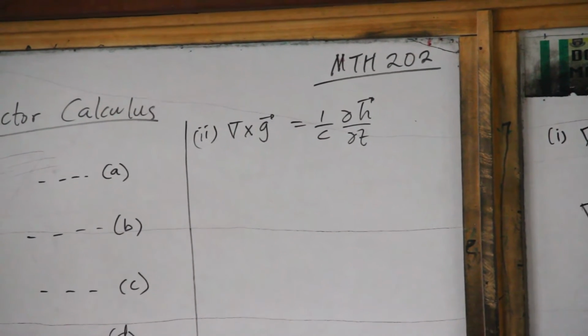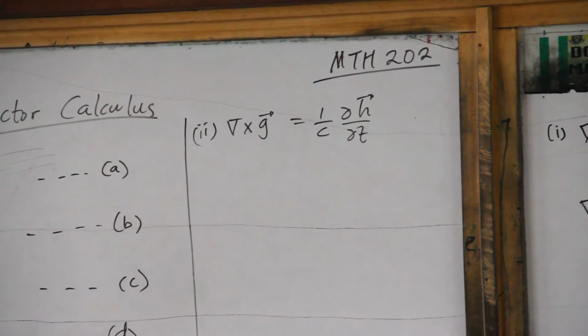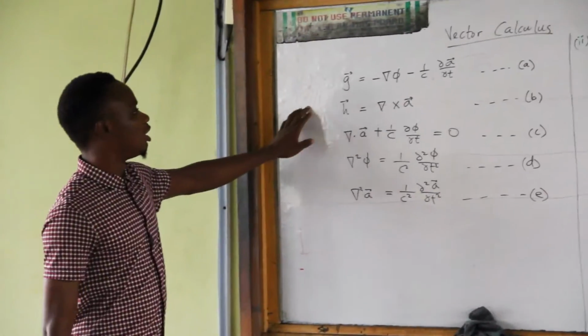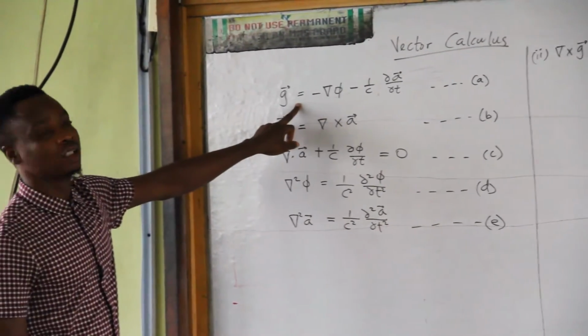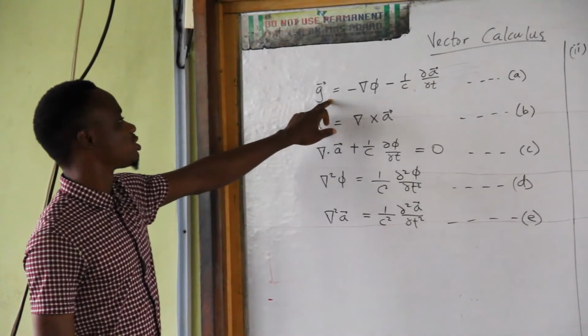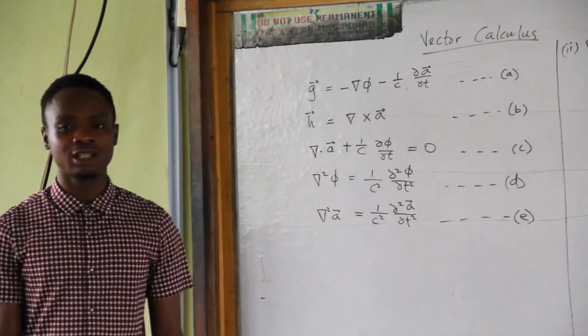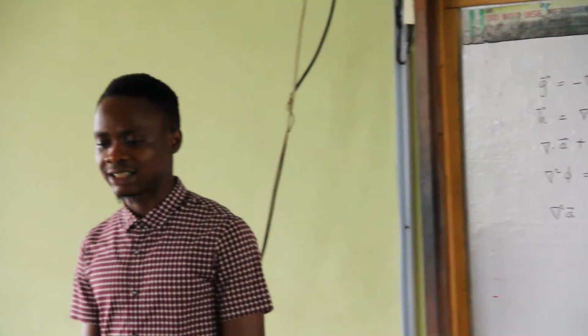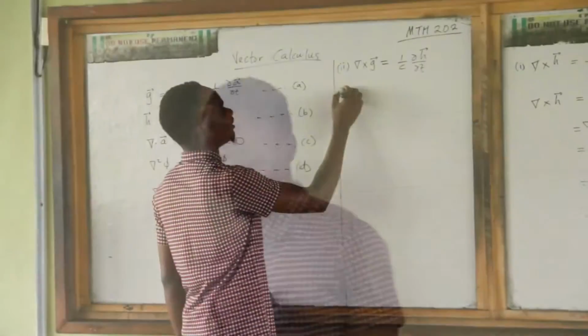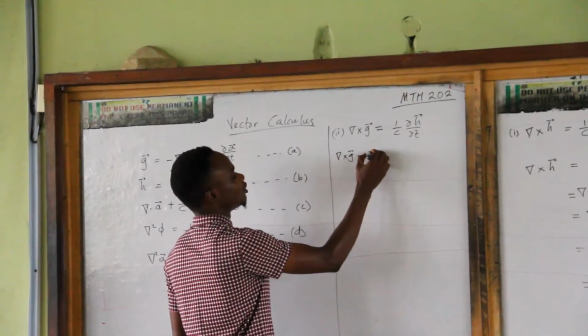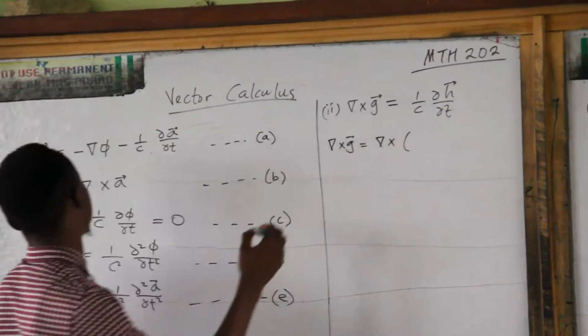I believe we can do this now. So you look for the definition of G. This is G. So you do lambda cross G. Lambda cross this, and then find out what you get. That's the next step. Can you give it a try? So lambda cross G will be equal to lambda cross, what is G?